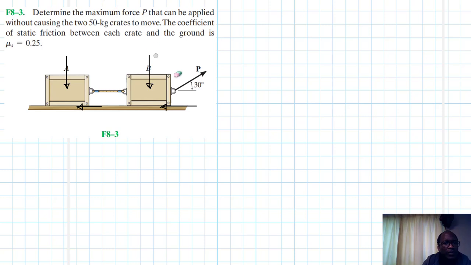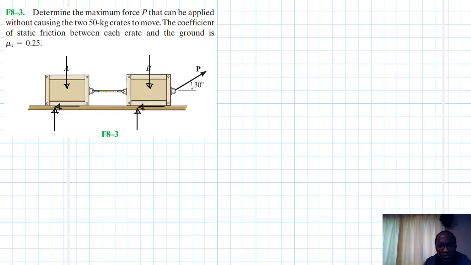Then we have the normal force somewhere there, and for this one I have my normal force like so.